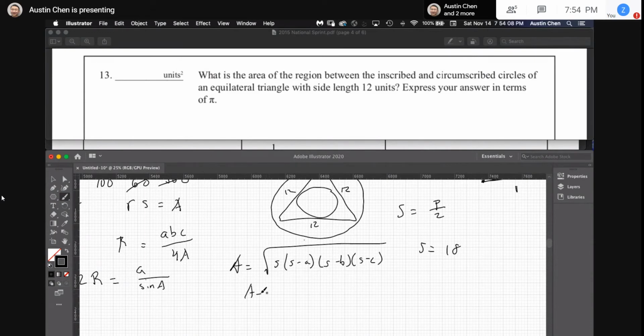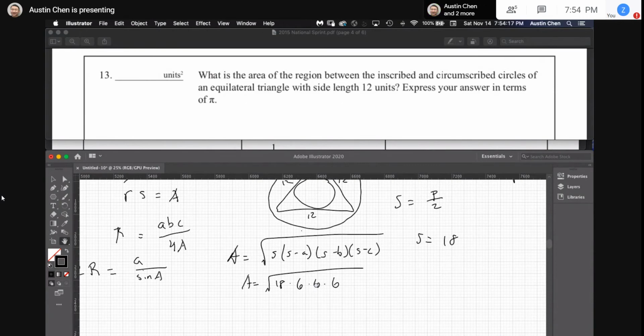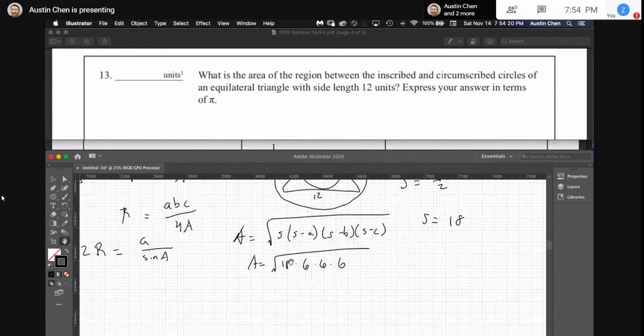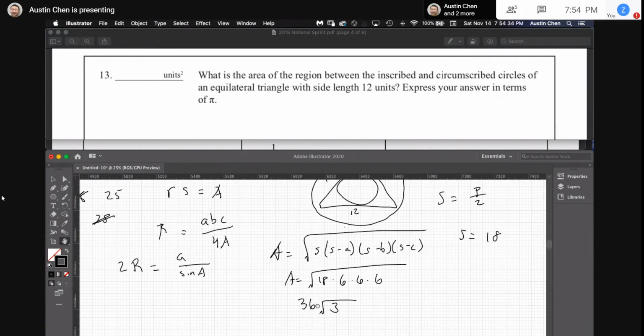So the area is going to be the square root of 18 times 6 times 6 times 6. So we can get out a 6 here, and another 6 here, so we get 36 root 3. So our area is 36 times root 3.